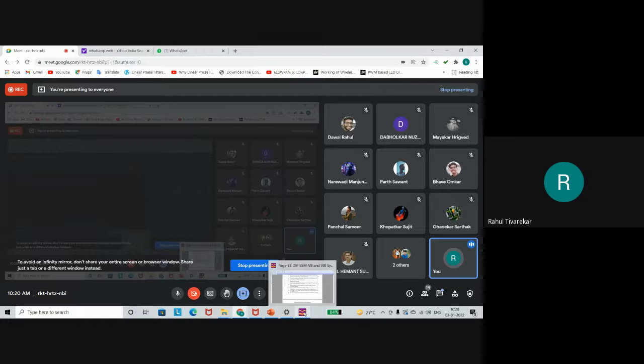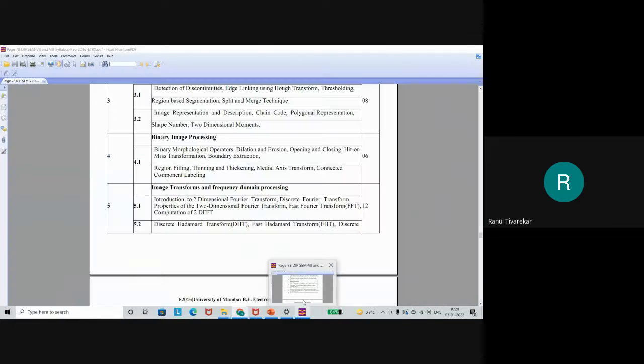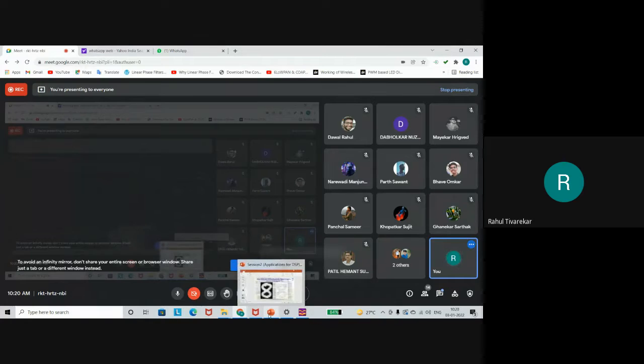So those who attended might have some knowledge of what an image is and how it is formed. Those who were absent for that session, I will just quickly show you what an image is. Again, from the syllabus point of view, we will be discussing this point again, but before we understand the syllabus completely, you must know what an image is.